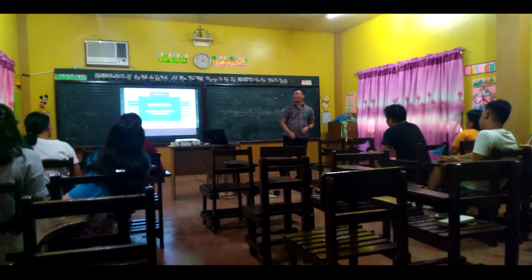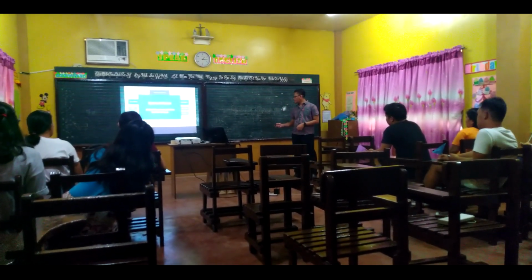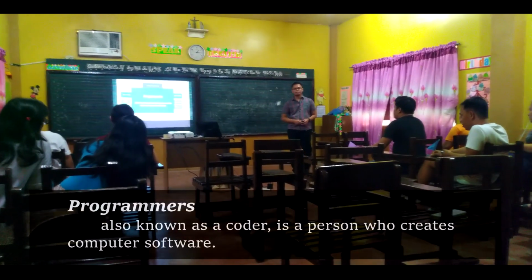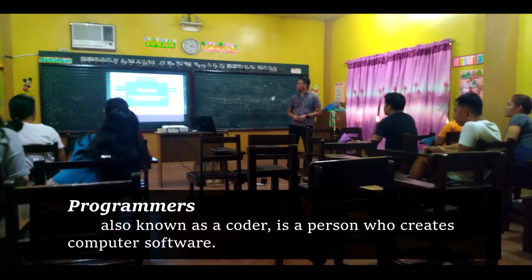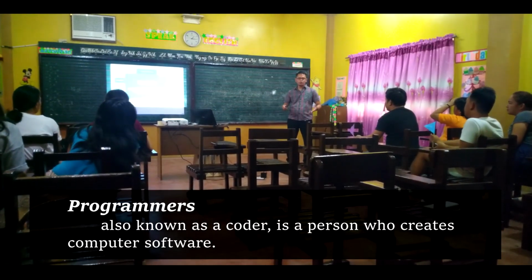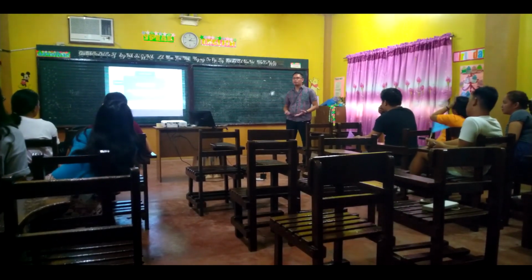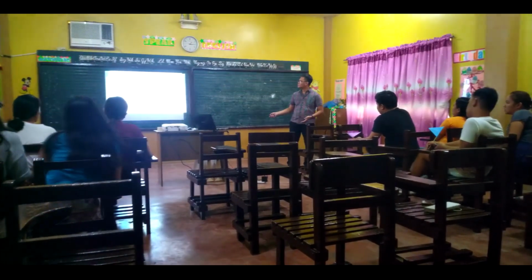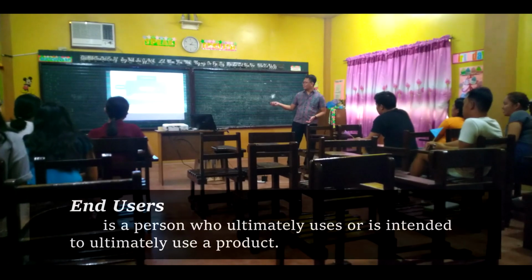Next, we have the programmers. Can you read? Also known as software developers, a programmer is a person who creates computer software. So those who create programs are programmers. And the ones who use the programs are called end users. Can you please read?